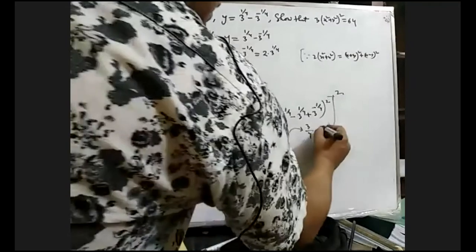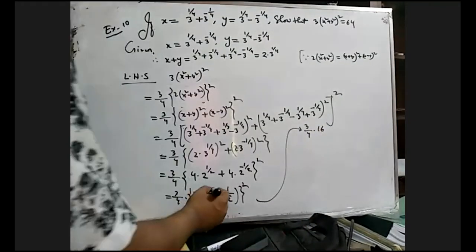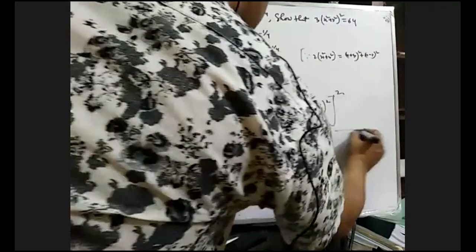3 by 4. 4 square means what? 16. And taking LCM, root over 2.